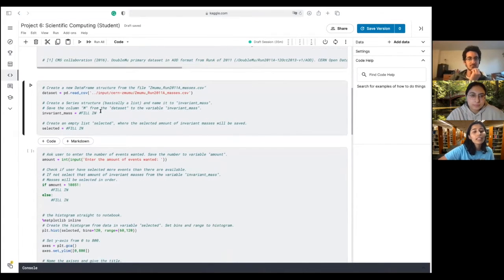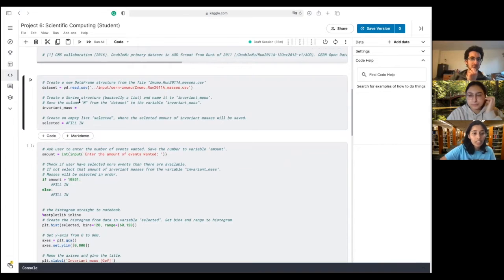If you look at the CSV file, we see that the column M of the data set is the invariant mass. The invariant mass is what I explained in the slide before, which is what we use for most of our detection of particles. So we write the variable name.